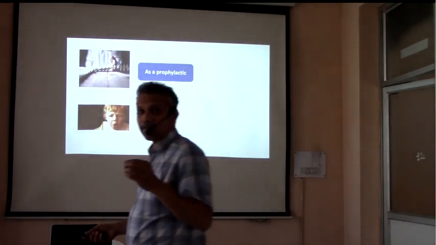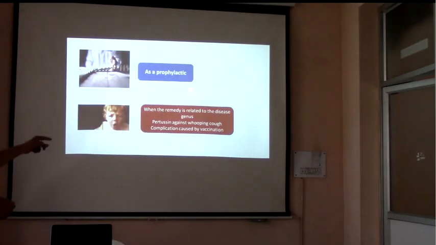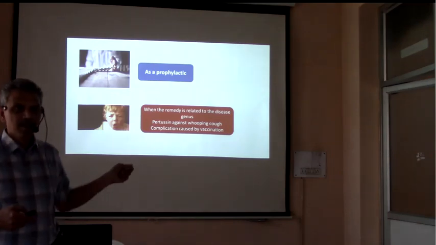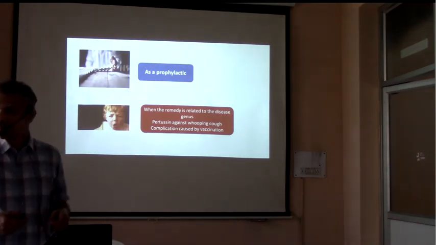for example, based on the disease. This is when the remedy is related to the disease genus. For example, pertussin against whooping cough, or any complication caused by vaccination. Based on what the complication is, you can prescribe a nosode.